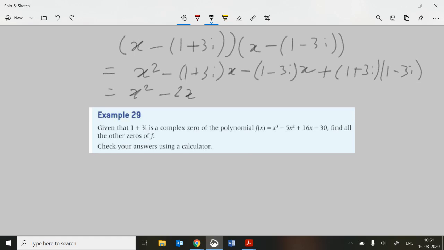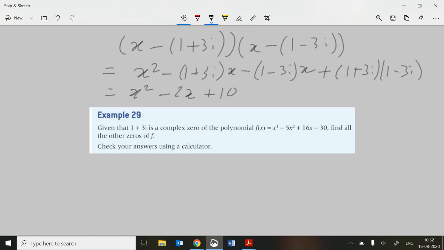So we're going to get plus 1, since the 2 middle terms disappear, and then 3i times minus 3i, which is going to bring us back to plus 9. 3 times minus 3 is minus 9, i times i is minus 1. So I'm just going to write that down as plus 10 here. We've got x squared minus 2x and then plus 10.